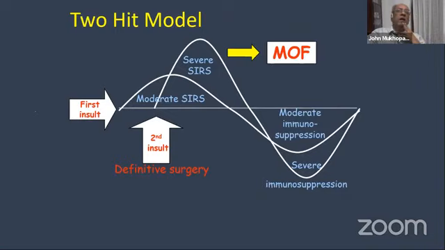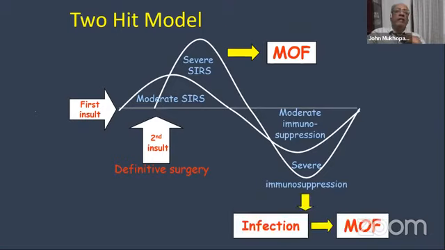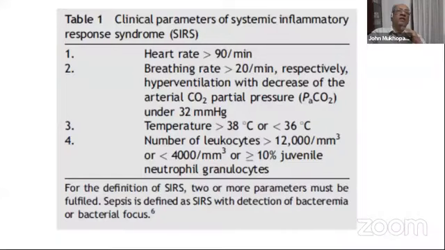And this will then further predispose the patient to infection, to multi-organ failure, and eventually lead to death. So I think this is important to understand when you're dealing with a major trauma patient, and you have to try and postpone major definitive surgery to the stage where you have got over this systemic inflammatory response syndrome.